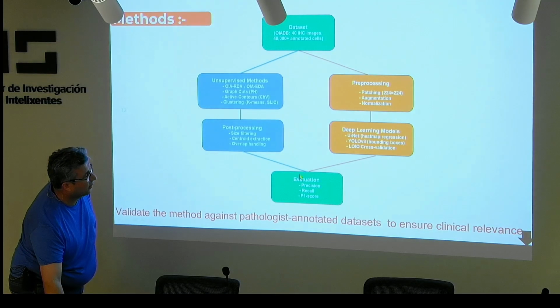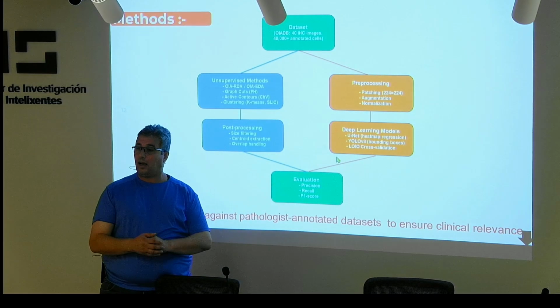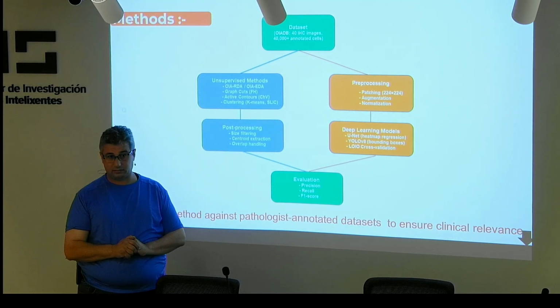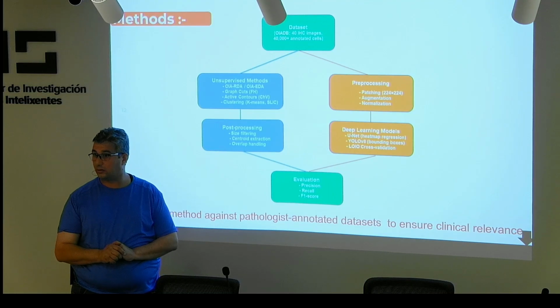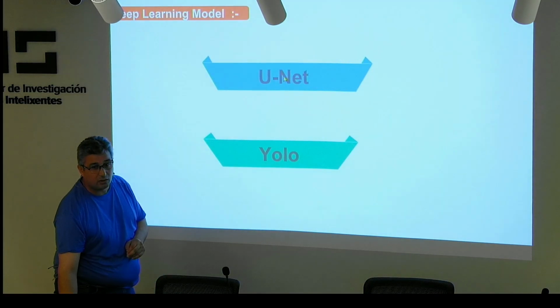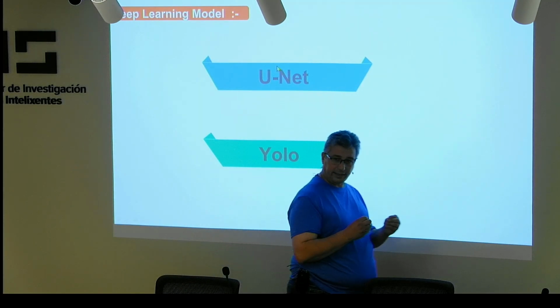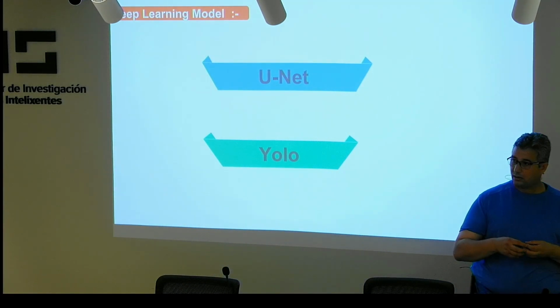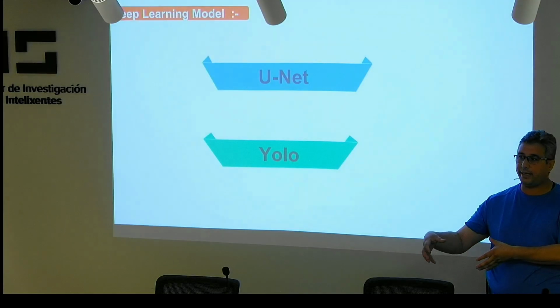In supervised, we have two state-of-the-art methods, YOLO and UNet. We use YOLO to detect or locate cells, and UNet uses the heat map.